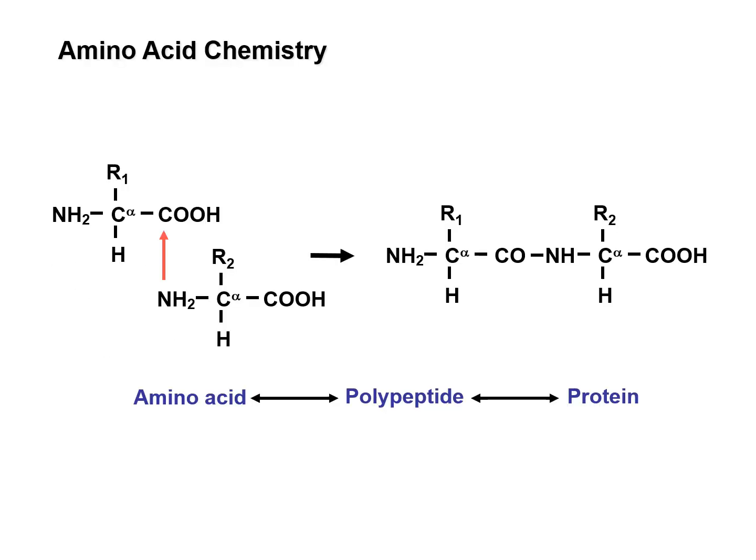By interacting the amine group, or the amino group, of one amino acid with the carboxylate group of another amino acid, it can form a peptide bond to make a polypeptide. And when you have a long array of these amino acids all connected and formed into globular shapes or certain functional shapes, then it becomes a protein.